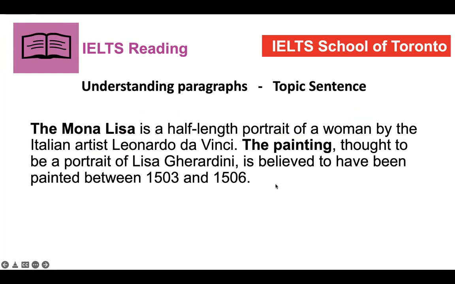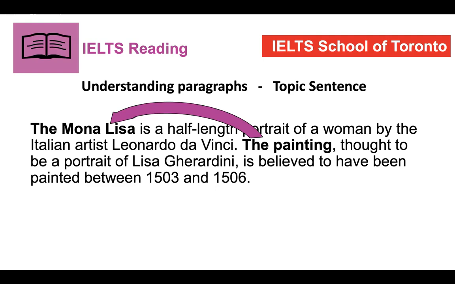So when we speak and when we write in English and in all languages, basically, not only in English, what we do, we very often go back to the subject to create coherence, to create the link. So this sentence is starting with the painting, blah, blah, blah, is believed to have been painted between.